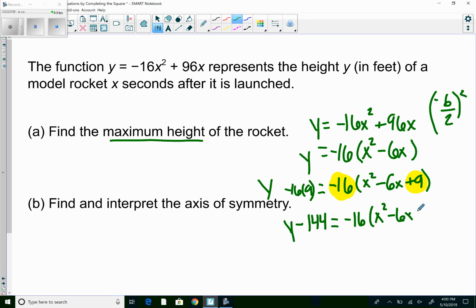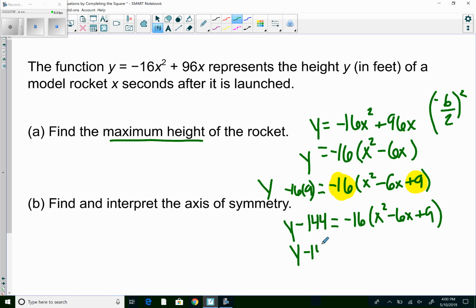Just for the sake of the problem, let's rewrite this. So again, negative 16 times 9. We took that out, and up here when we were completing the square, we did the 6 divided by 2. If we would have done the 96 divided by 2, that would have been the number that we added over to the other side. Since we took that out, we have to add it back in when we're multiplying on the other side.